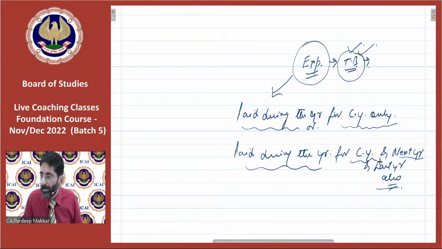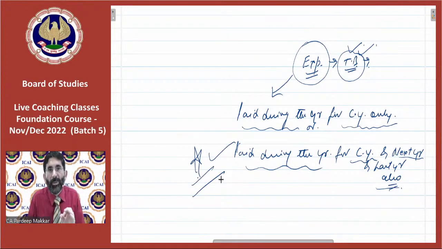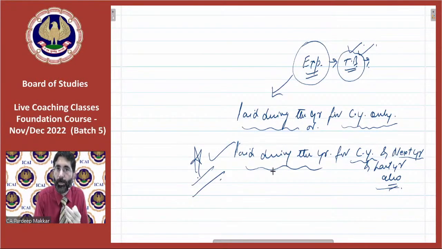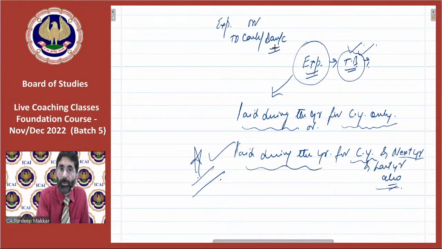So let it be very much clear. This is the right answer. Whatever expenses are paid during the year, we don't check whether they relate to the previous year or the next year. When an expense is paid, we pass a journal entry: expense account debit to cash or bank. The first entry is only this one: rent account debit to cash or bank, salary account debit to cash or bank.